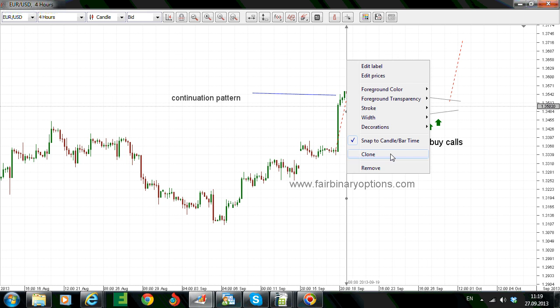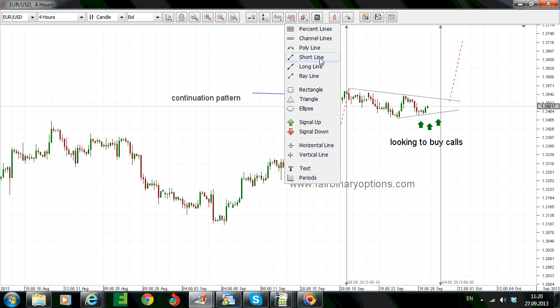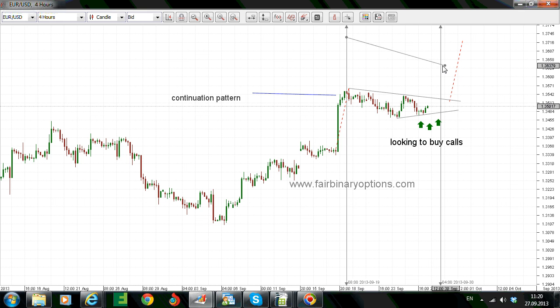We are looking for the same amount of time at least to come. It is not broken yet, but by the time price breaks the contracting triangle, we are looking for the measured move, or the target to the upside, to come in the same amount of time, and this would be given by our expiration date.